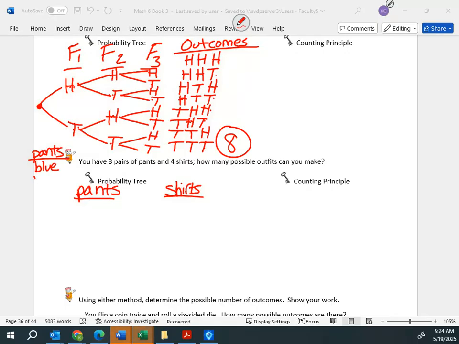Liam? Red. And what's another pants color? Sophie? Black. So, for my pants, I could have blue, red, or black. So I'm going to make 1, 2, or 3 choices there.